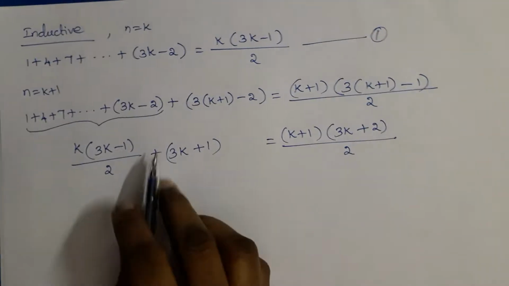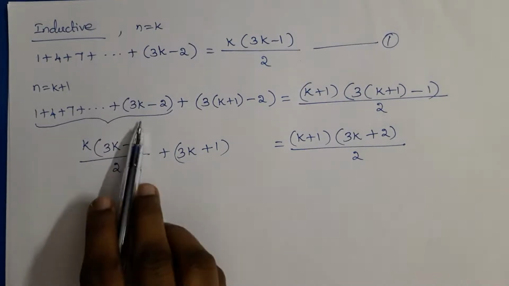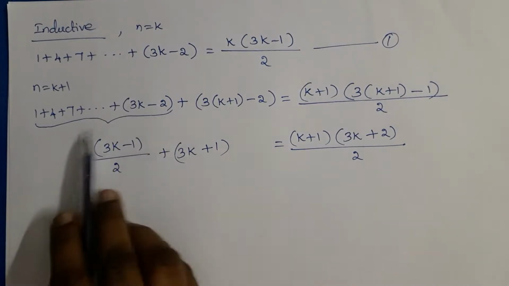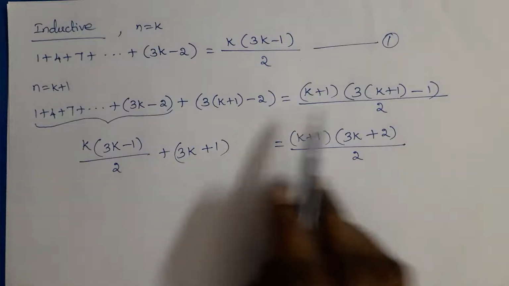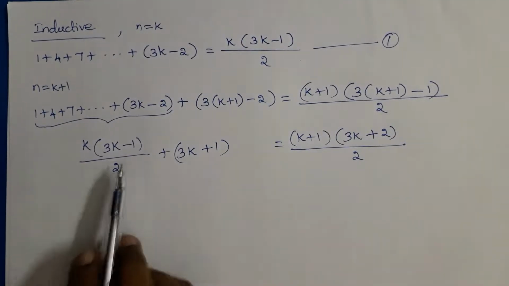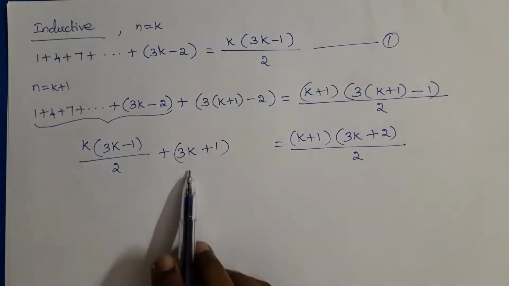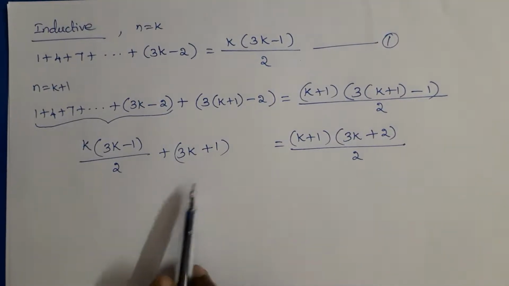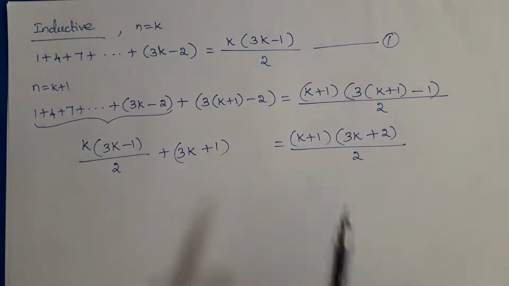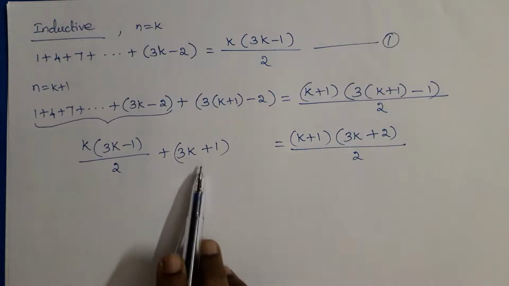So in order to prove S of k plus 1, we have to consider the k plus 1th term. S of k plus 1 is equal to the right hand side. If you substitute the kth term in the left hand side and add the k plus 1th term, we can prove that the left hand side is equal to the right hand side. So we can prove that S of k plus 1 is also true. Now we can simplify this equation.